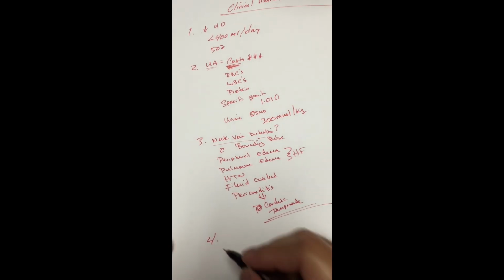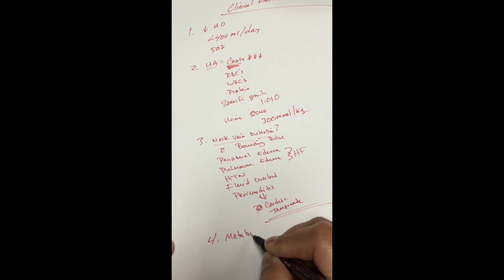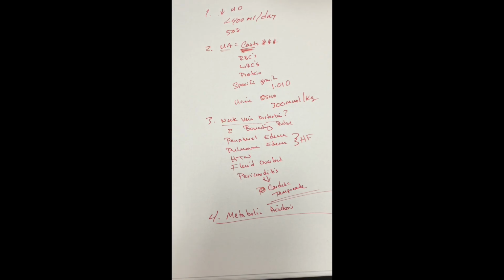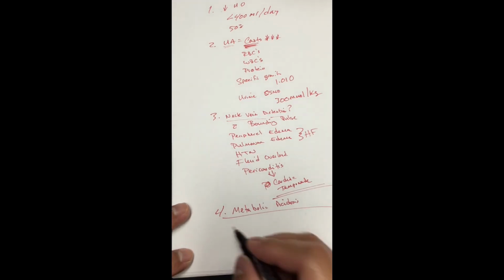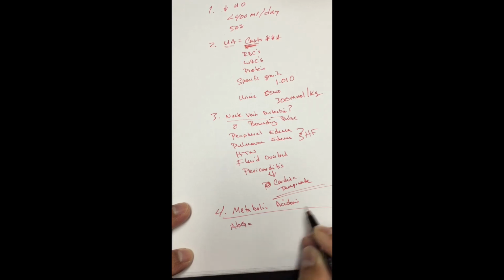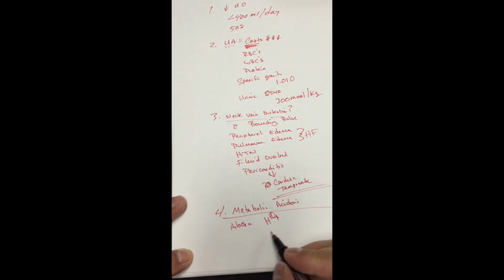Number 4, metabolic acidosis. Again, remember, your kidneys are going to be filtering your blood. They're going to be getting rid of waste products, getting rid of acid products. So if you damage that, you're going to be accumulating all these wastes and all of these acids. So if you were to do an ABG also, you'd find increased levels of hydrogen ions with decreased serum bicarb levels.